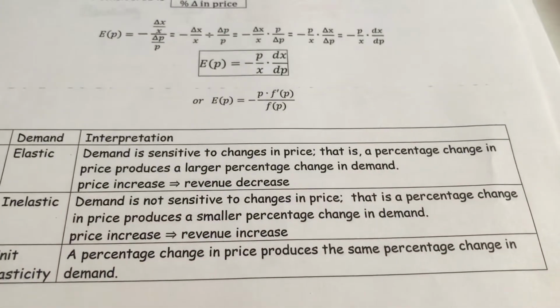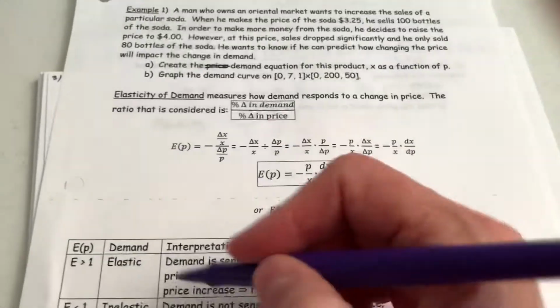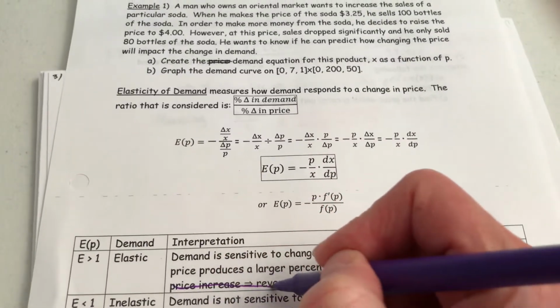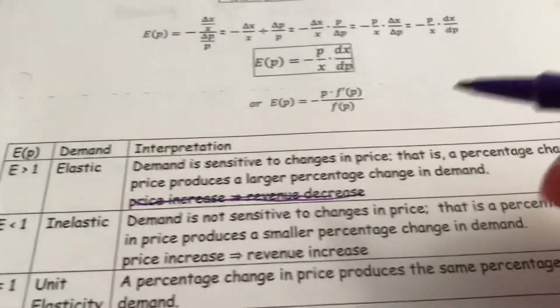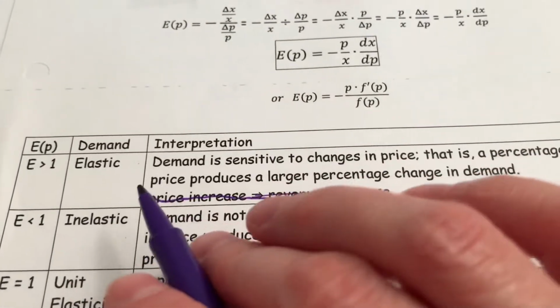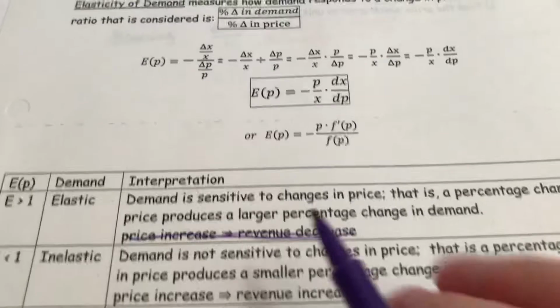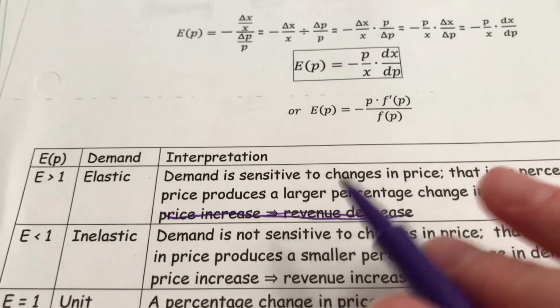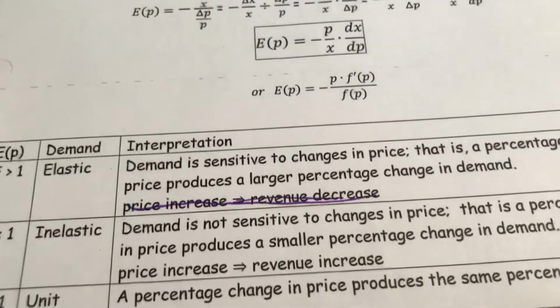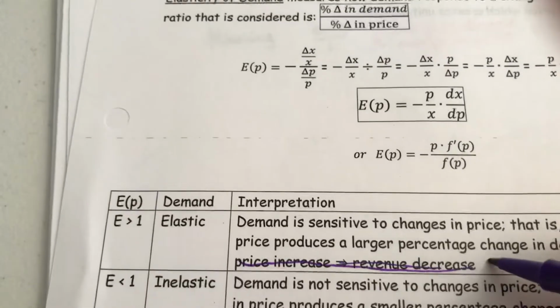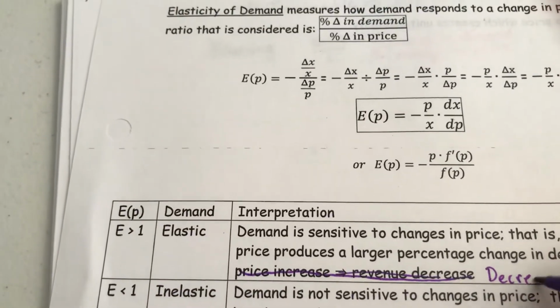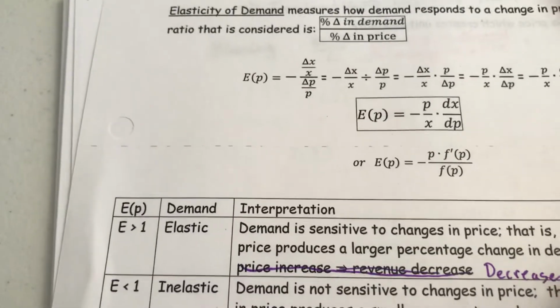And I think on the new worksheet, I decided instead of saying this, I just said that if that's happening and you change your price and you've got a large change in demand, that means you should decrease your price.